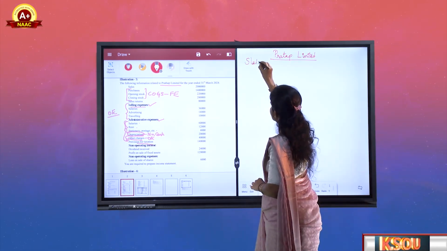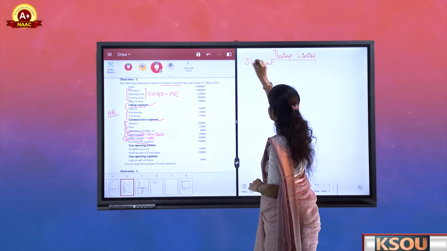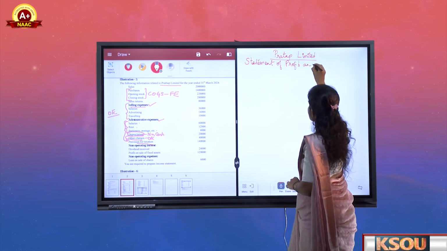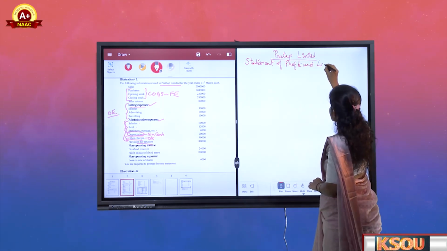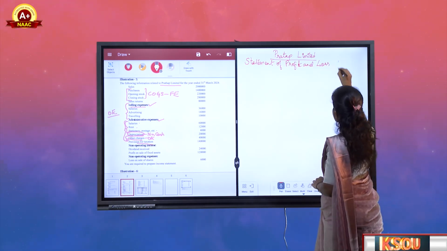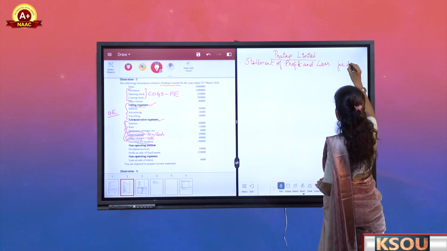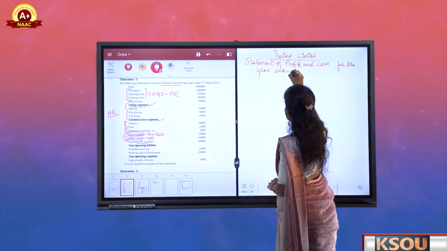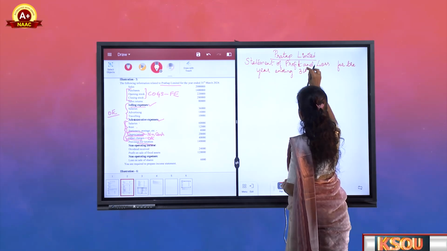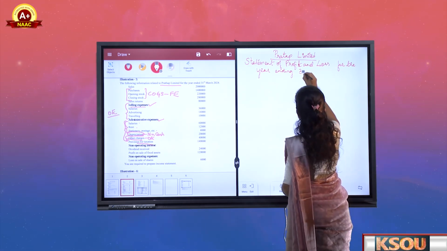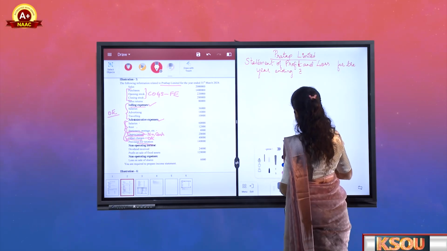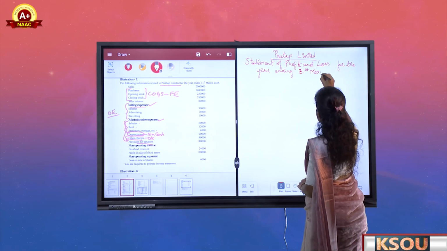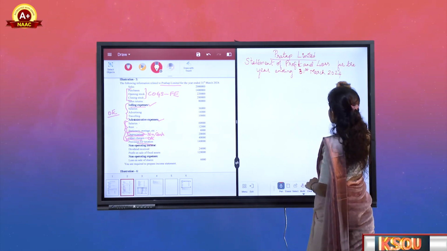So, statement of profit and loss for the year ending 31st March 2024.